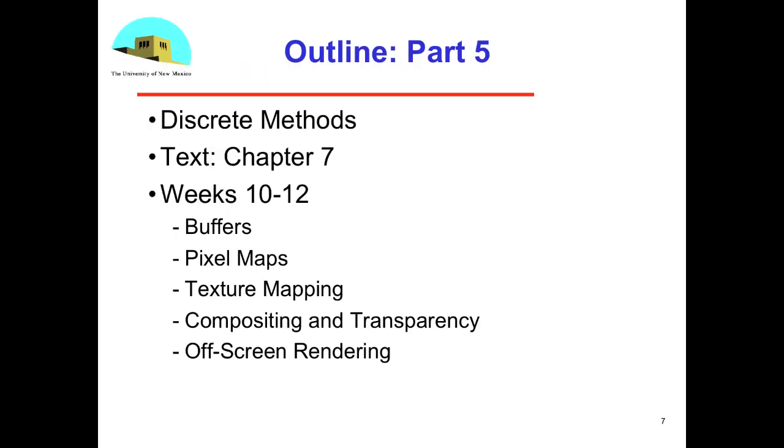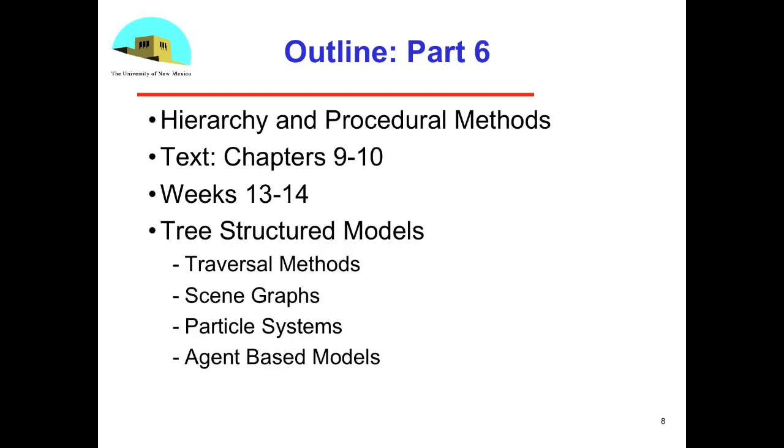If we go on in things, we're going to do more of a survey in the class. I have this very nice section on procedural models and how we use hierarchy in computer graphics. Some of that will get us more into agent-based modeling, but in particular, I like to talk about particle systems, and that's a major topic in animation of how, for example, in movies, if you have a crowd scene, how do you get all of those people to move around?